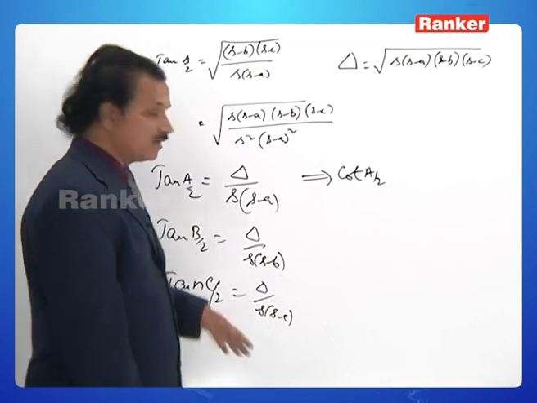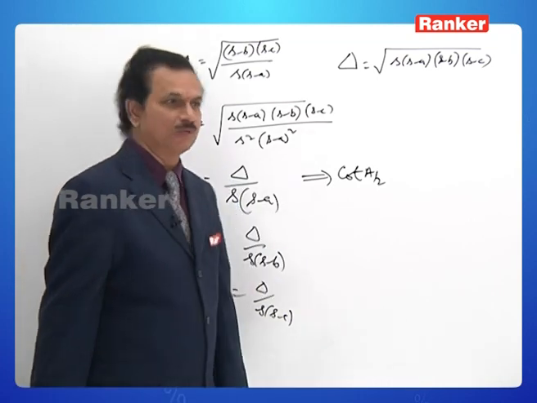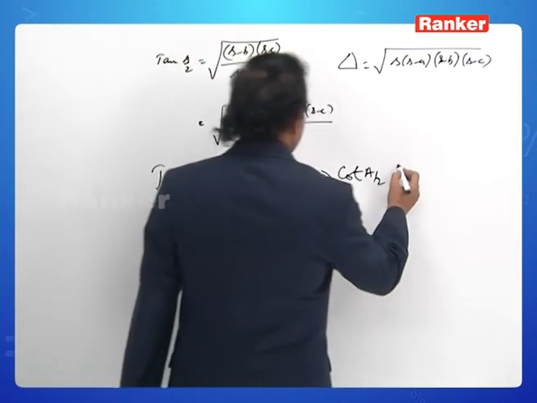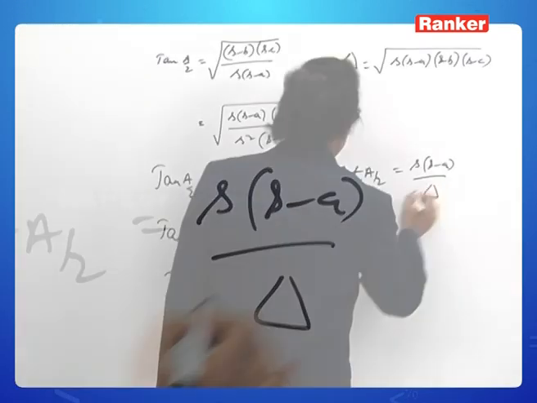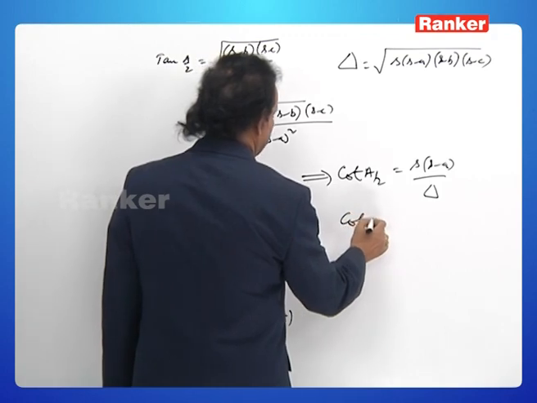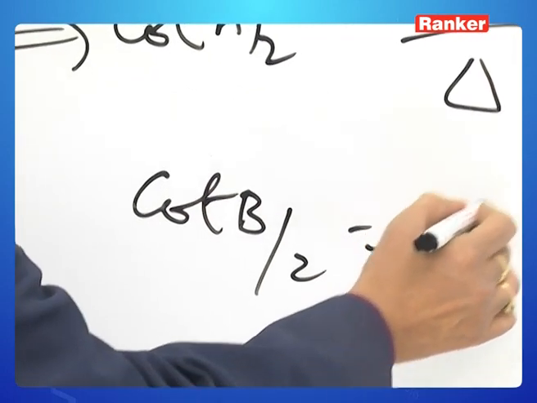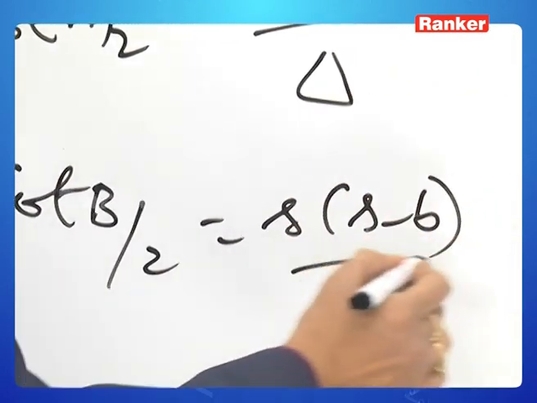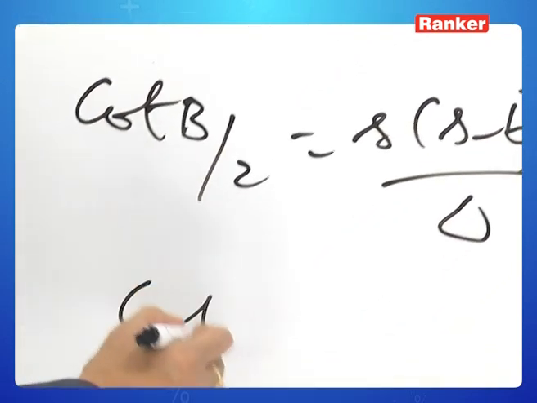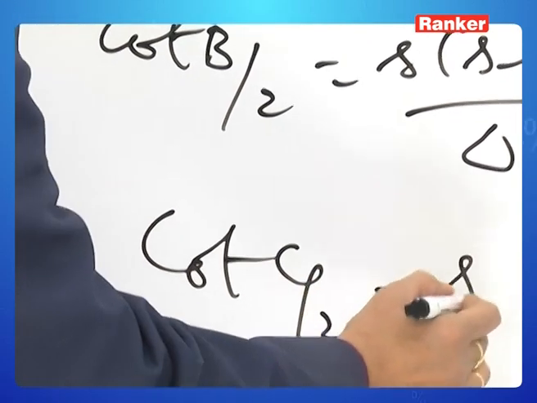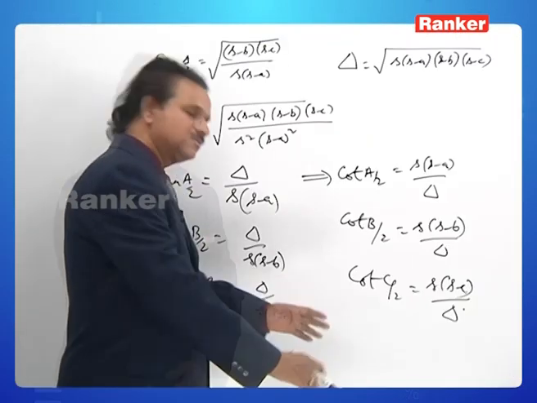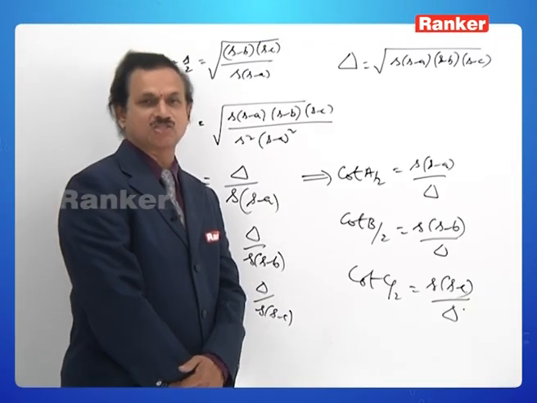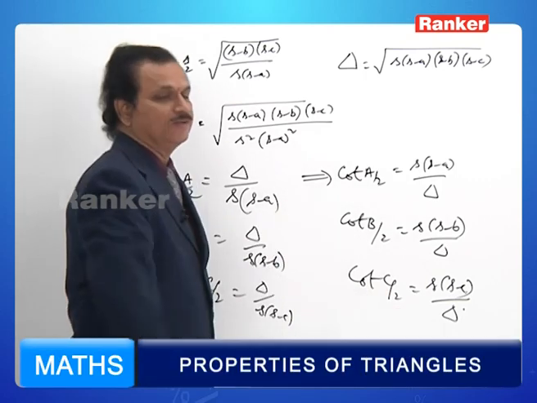It is just nothing but the reciprocal of tan A by 2. So we have cot A by 2 is equal to S into (S minus A) by delta. Cot B by 2 is equal to S into (S minus B) by delta. And cot C by 2 is equal to S into (S minus C) by delta. With this, the complete list of half angle formulae is over.